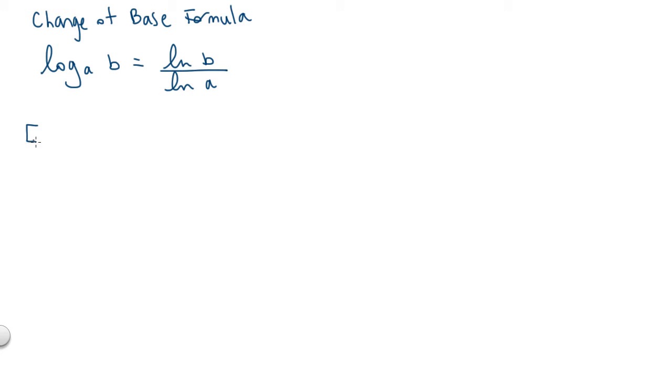Well, let's try a little calculation. Let's say we wanted to calculate log base 2 of 17. In other words, we're trying to figure out what exponent goes on 2 to make the number 17. Well, our calculator does not have a log base 2 button.